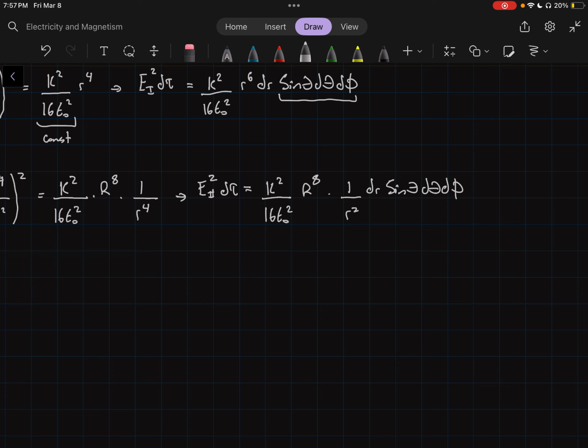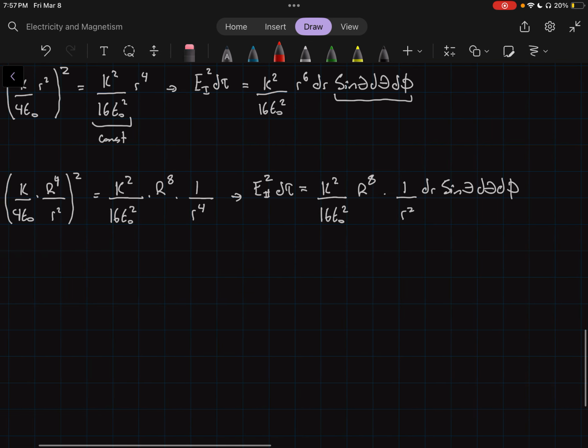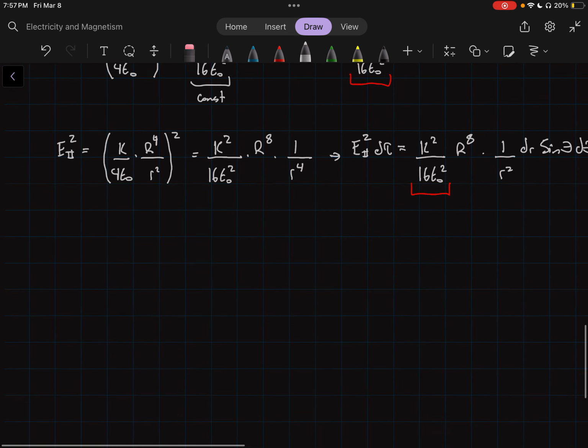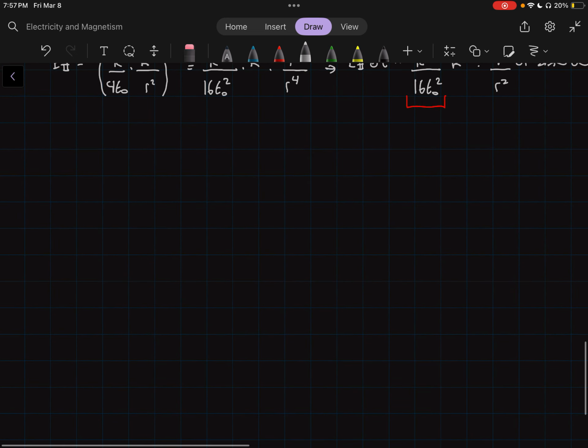Just like that. As you can see, both have these constants, so we can go ahead and factor them out when we're writing the full integral.